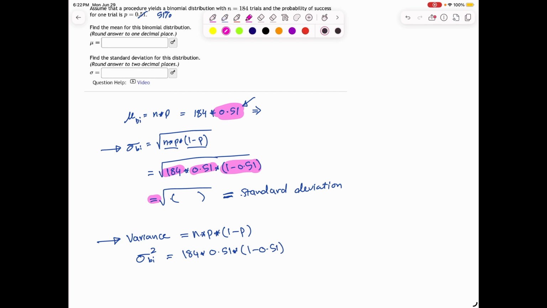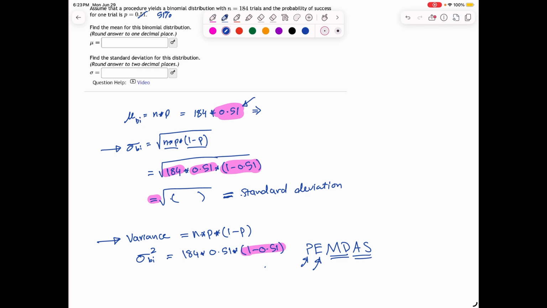You have to observe the order of operations. So you're going to do the 1 minus 0.51 parentheses first. To remind you, it's PEMDAS. That is the order of operations: parentheses first, exponents next, multiplication and division as they show up from left to right, and then eventually addition and subtraction as you see them from left to right.